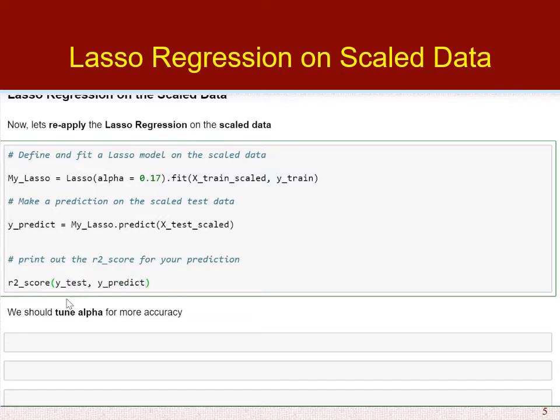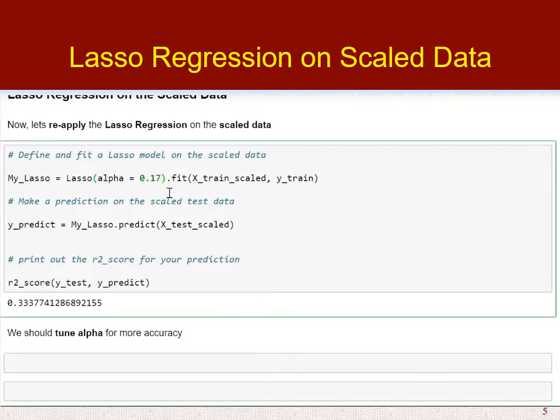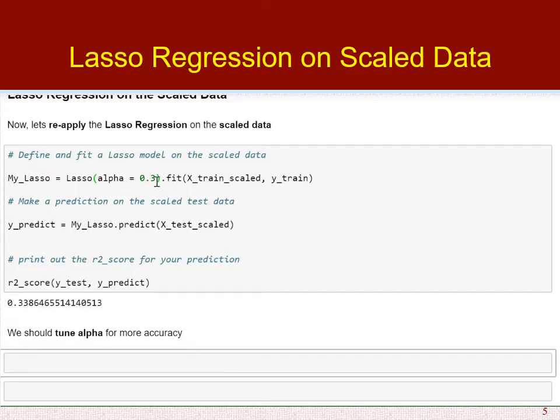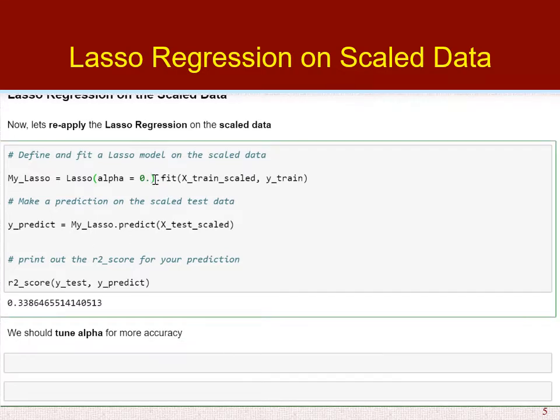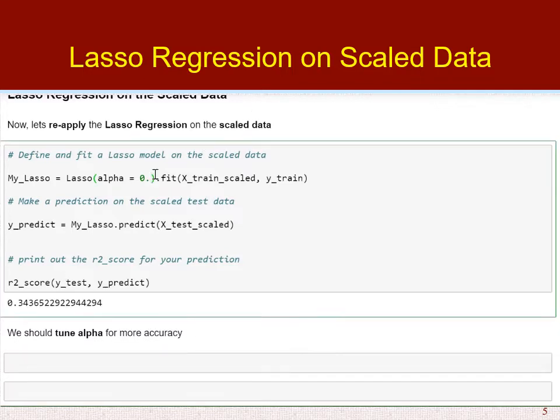So we do not scale our target variable Y. So that's why you don't see scaled data used here. So it's about 33%. So let's change these values. I'm going to go a little bit higher. So for example, 0.3. Let's run this. 33.8. I'm going to go higher, 0.5. 33. So it's improved. Higher, 0.6.